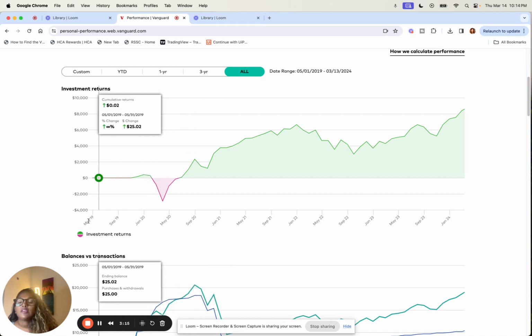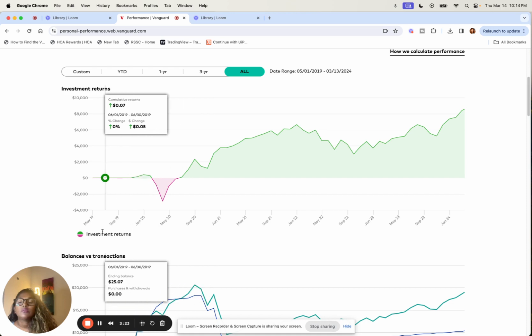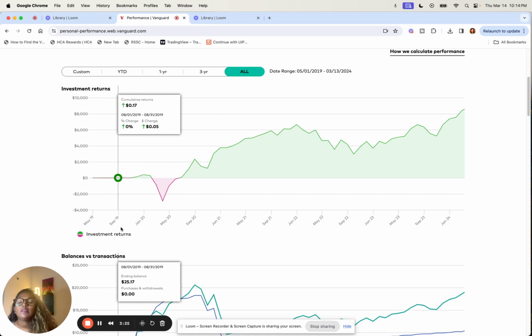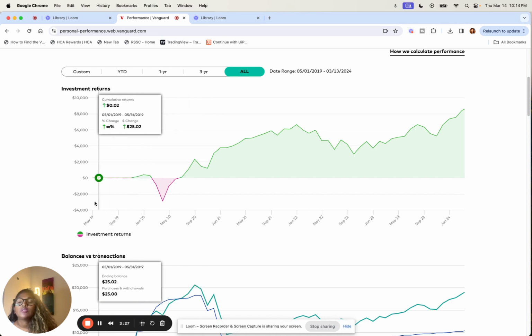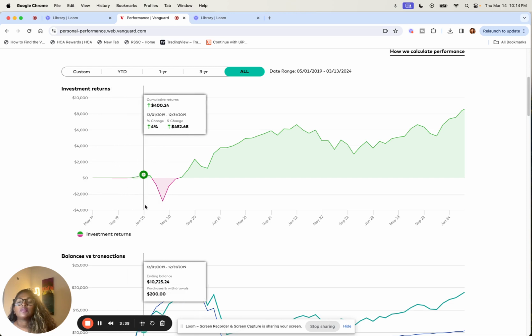As you can see clearly here, I started this in May 2019. These are the years and these are the months. So May 19, September 19, it shows it was at zero. I opened this account then and wasn't really investing. If you look at the very top, it shows zero.